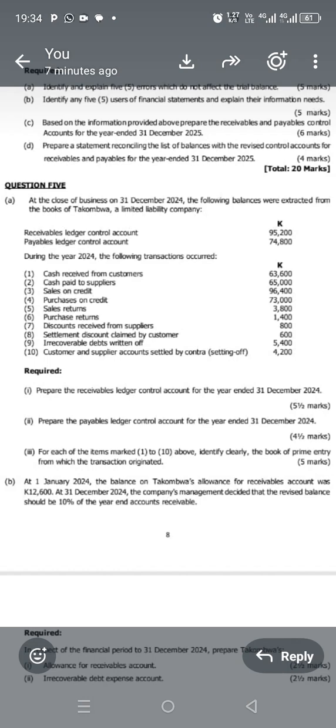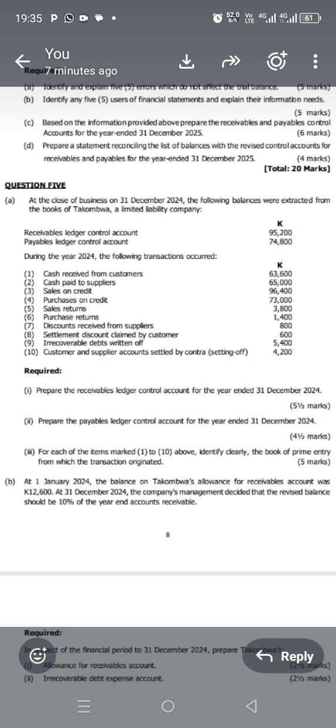Is it going to increase the receivable balance, or is it going to reduce it? Of course, it is going to reduce the receivable balance, because customers have paid us money.